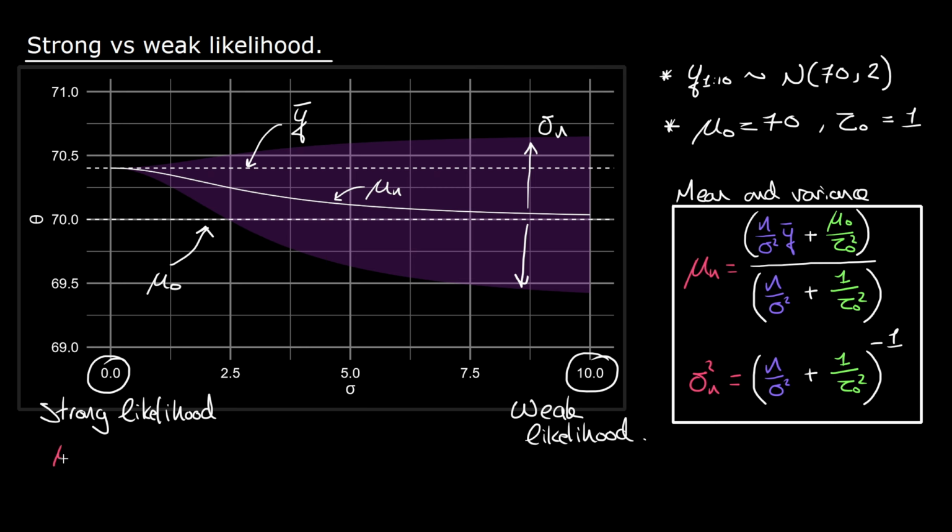When the likelihood is strong, the posterior mean equals the sample mean, and the uncertainty in theta is tiny. Conversely, when the likelihood is weak compared to the prior distribution, the posterior distribution is approximately the prior distribution.